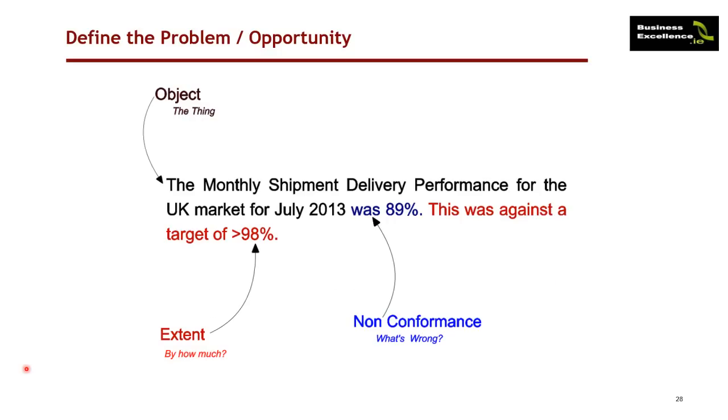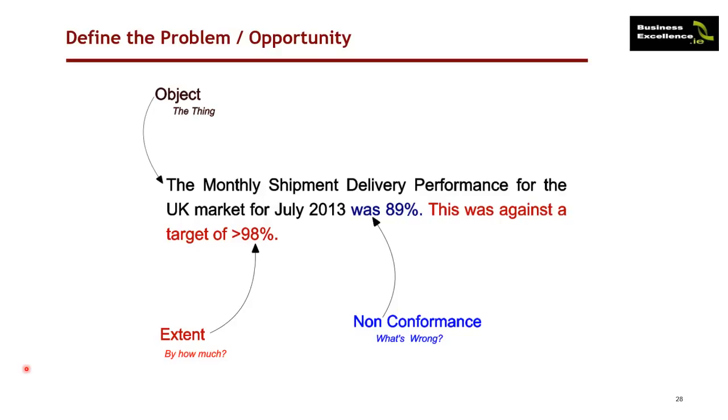For example, if we looked at monthly shipment performance for the UK market for July 2013, this is the object, this is the thing that we're actually worried about. If the performance was 89% against the target of 98%, the non-conformance was that it's operating at 89% against the target of 98%. So the extent of it is outside its target by 8%.